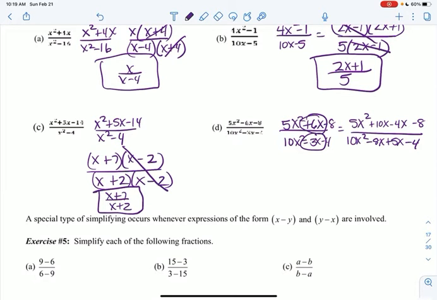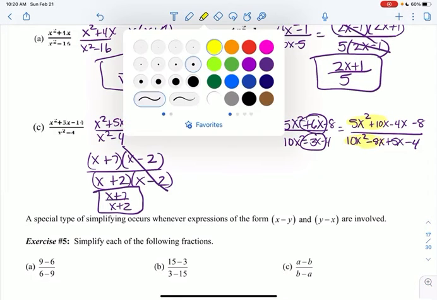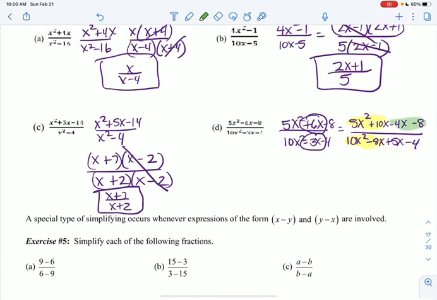So on the top, I'm going to group together the 5x squared plus 10x. I'm going to do the GCF, so let me just show you. I'm going to group these two together and these two together. And then I'm going to group these two together and these two together to do my GCF. So on the top, my GCF is 5x, and I'm left with x plus 2.